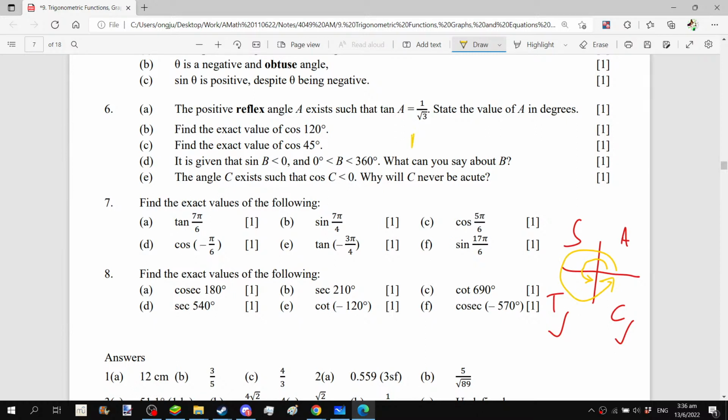In both cases, B is going to be reflex, and specifically going to be between 180 and 360 degrees. So that's what we can say about the angle B.